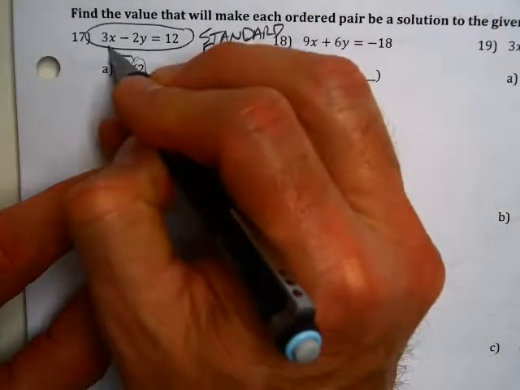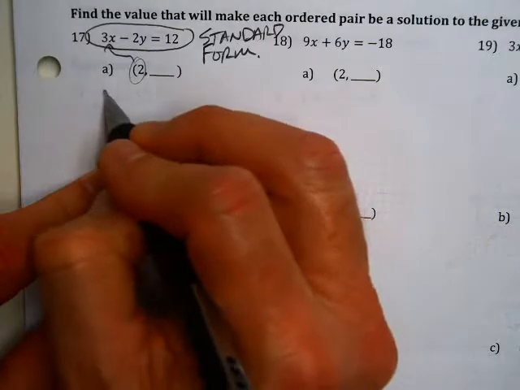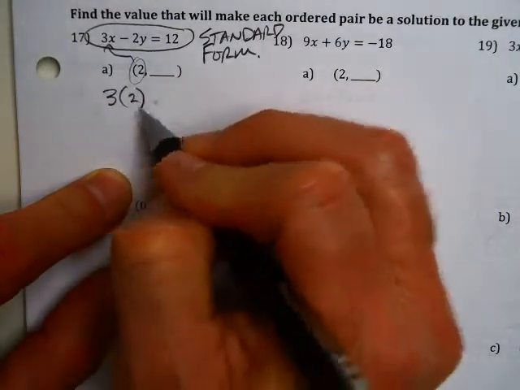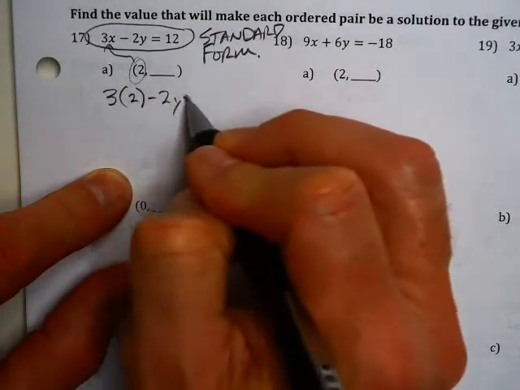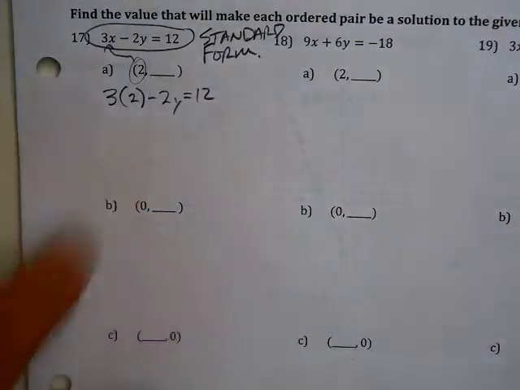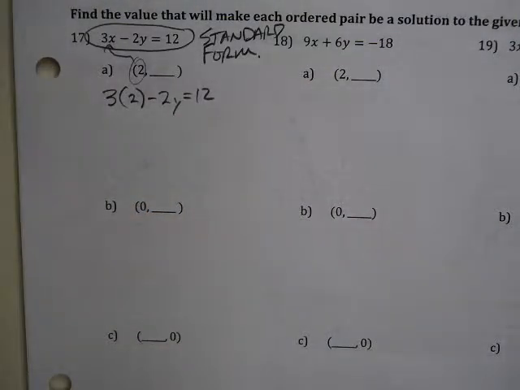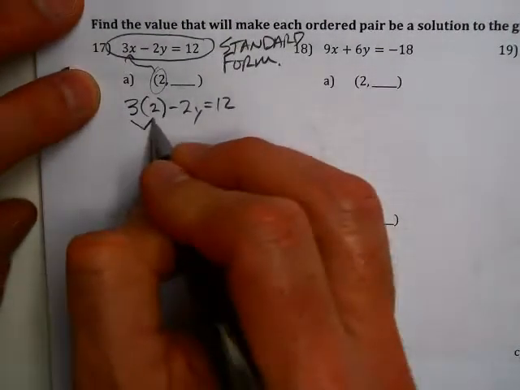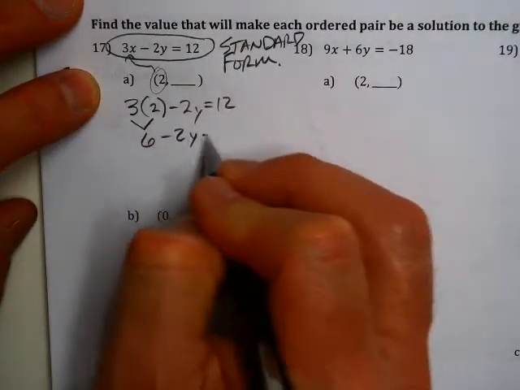So I'm going to have to take the 2 and I'm going to plug it in for x. So this is going to be 3 times 2 minus 2y equals 12. So the x is replaced by the 2. This is going to become 6 minus 2y equals 12.